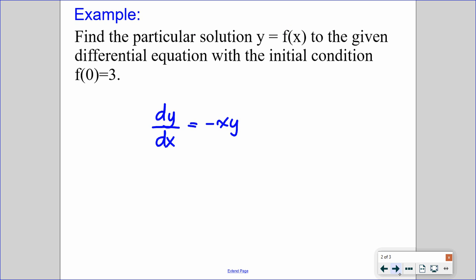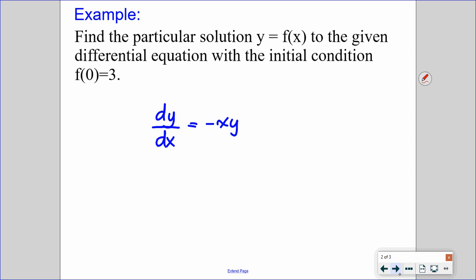All right, let's look at a couple examples. Here we want to find the particular solution, which will be in the form of y equals f of x, to the given differential equation with the initial condition f of 0 equals 3. First step, we've got to separate the variables.